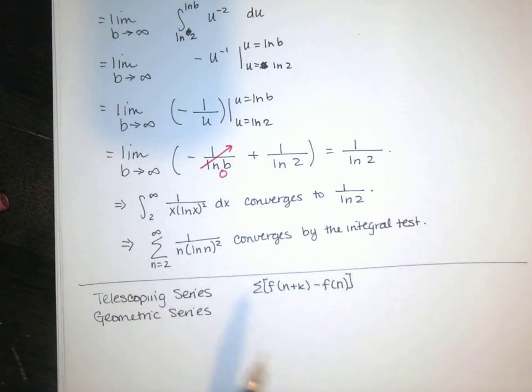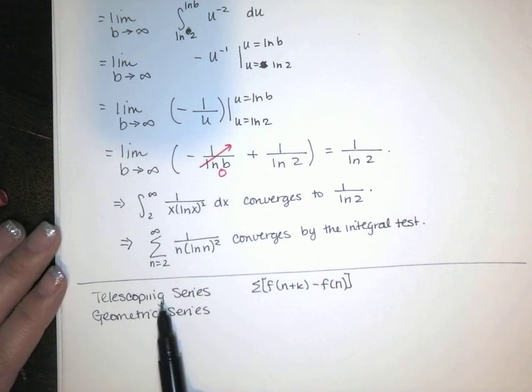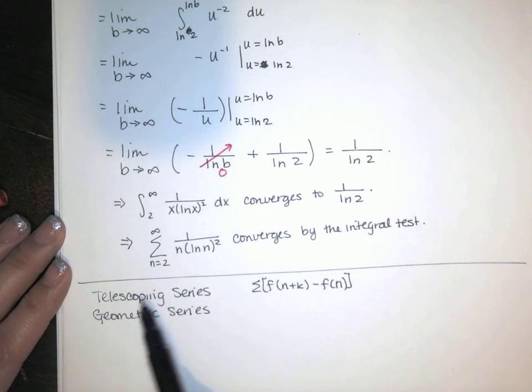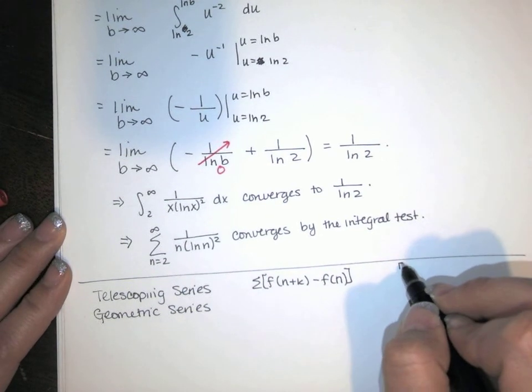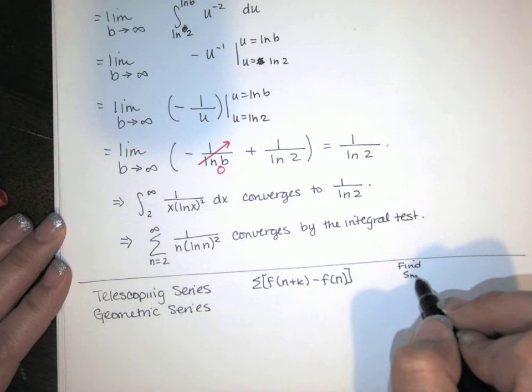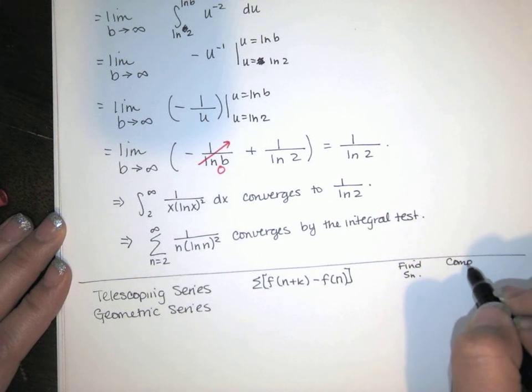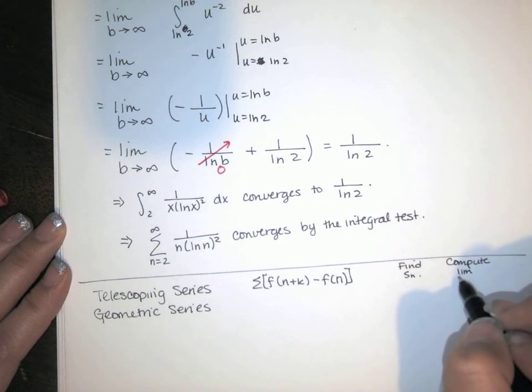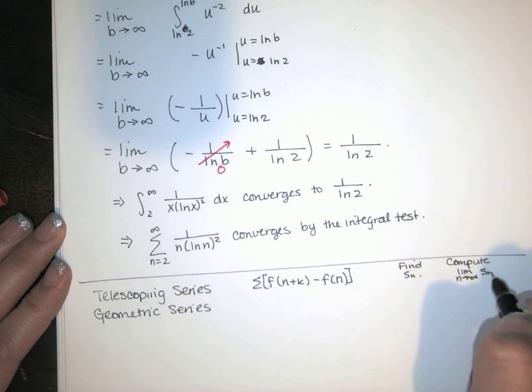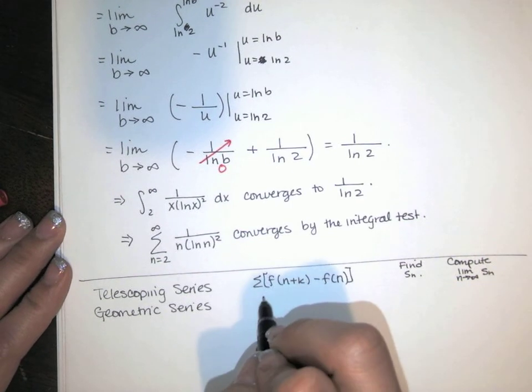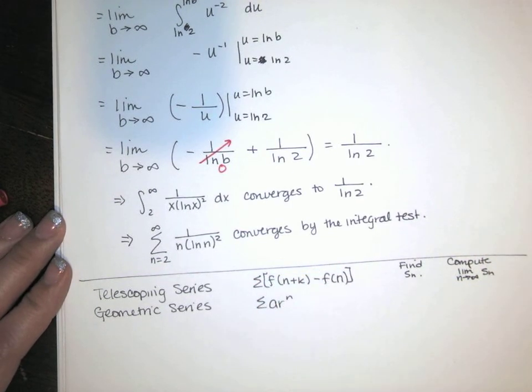And it could be in the reverse order. But if one term is positive, the other term is negative. After some cancellations, the partial sums are going to have a finite number of terms. That's what makes it telescoping. For these, we can find S sub n, and we compute the limit as n goes to infinity of S sub n to determine the sum of the series. Geometric series look like this.